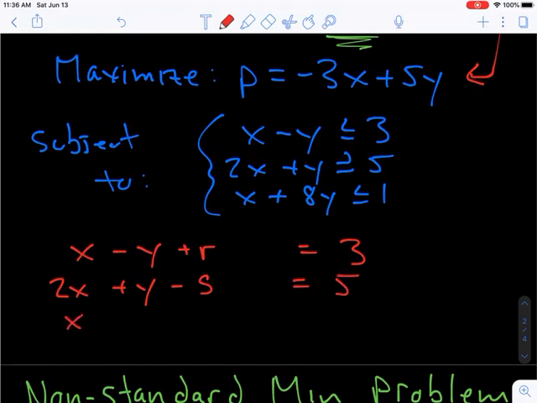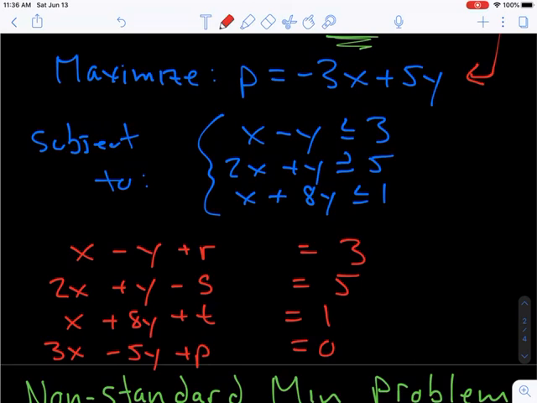And x plus 8y, and that is a less than, so we will add a slack variable. And then we would have 3x minus 5y plus p equals 0. And so that's our system of equations.